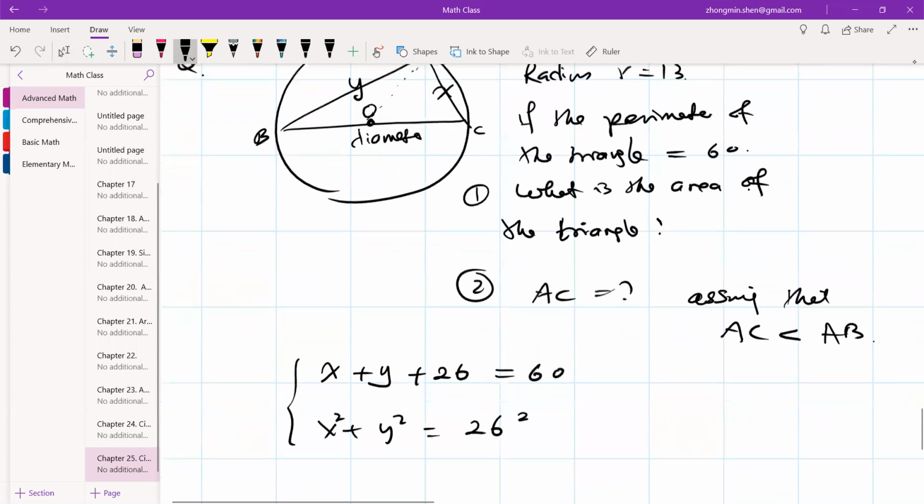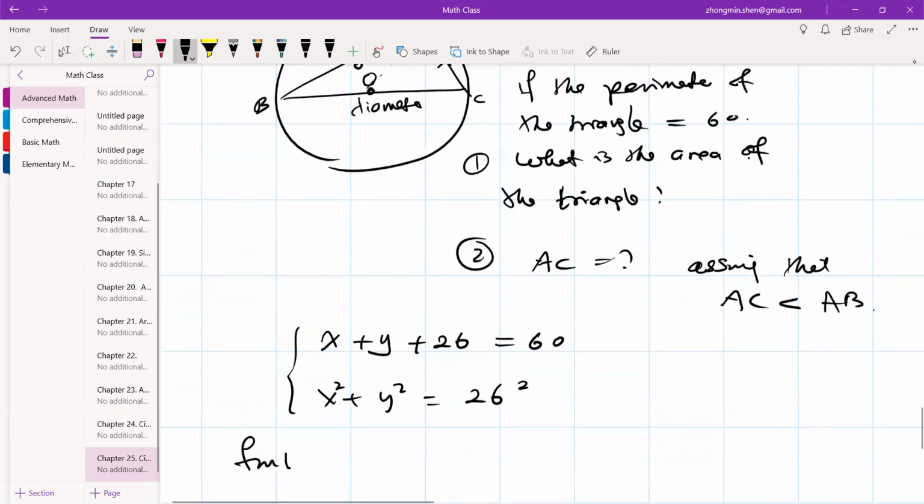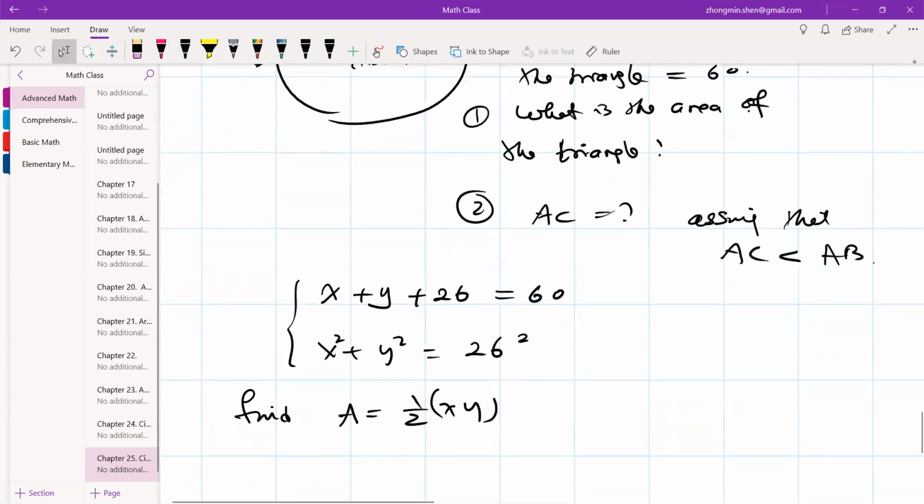From here, you have to find the area, which is half of X times Y. If you can find X, you can find Y, but it depends on which one you want to find first.